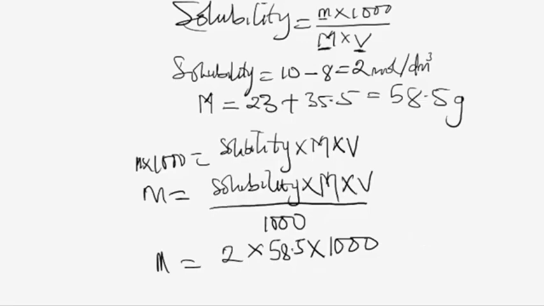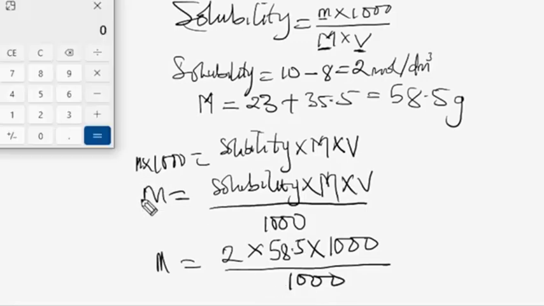Remember from the question, the volume given to us is 1 dm cube, so this will be 1000 cm cube, and this will be over 1000. So let's bring up our calculator to complete this.